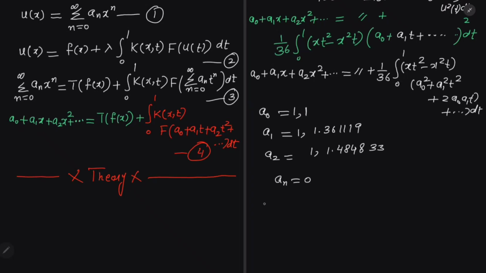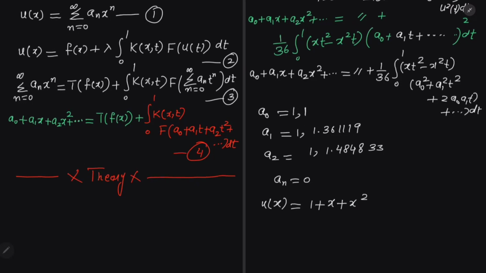The exact solution is u of x is equal to 1 plus x square, and all other terms are 0. And this will be one solution. We have taken these values a0, a1, and a2.